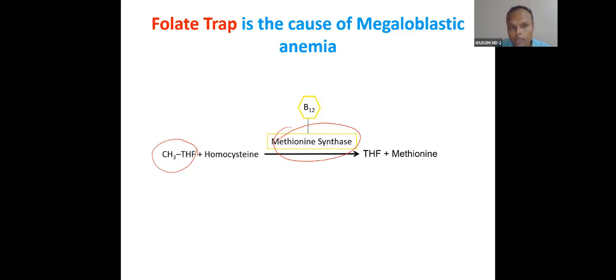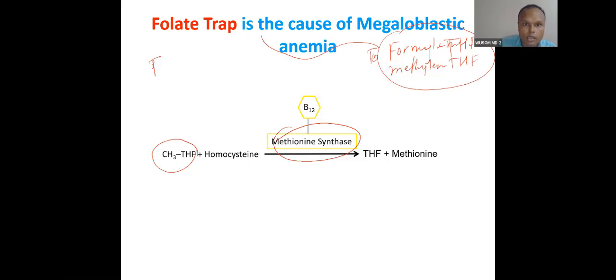There are many types of tetrahydrofolate: methyl, formyl, and methylene tetrahydrofolate. These tetrahydrofolates are required in nucleotide synthesis, if you can remember.